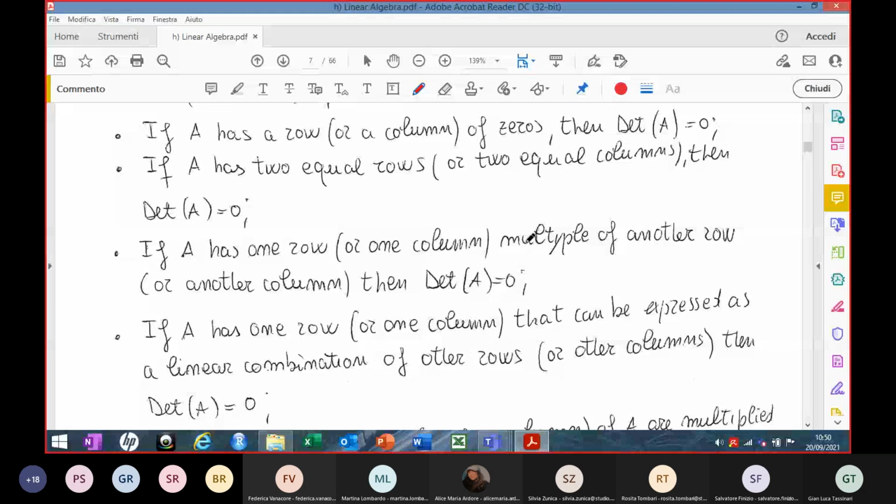Obviously, you have to compare row with row and column with column. Alternatively, if a column is a multiple of another one, then the determinant is equal to 0.